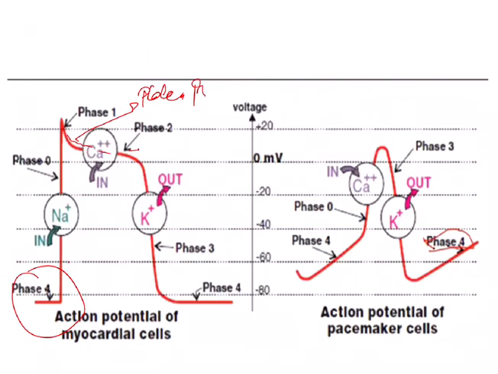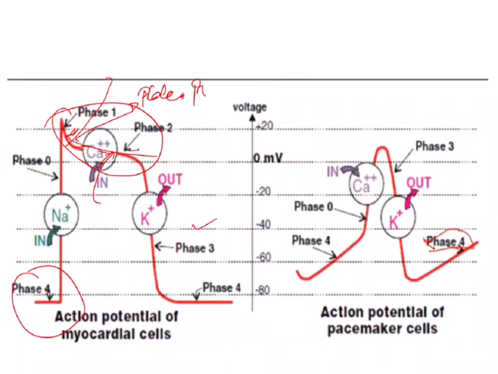In phase 1, the sodium channels close and the potassium channels open. Potassium efflux means potassium moves out, positive charge moves out, but at the same time the calcium also enters. The calcium channels open, and it maintains the overall balance. Due to this, the plateau phase is achieved in phase 2 because of the entry of calcium and the movement of potassium.